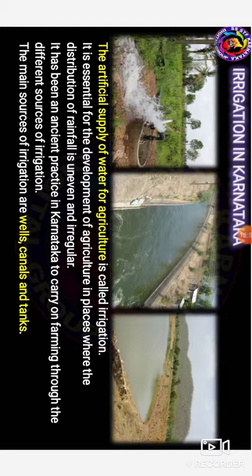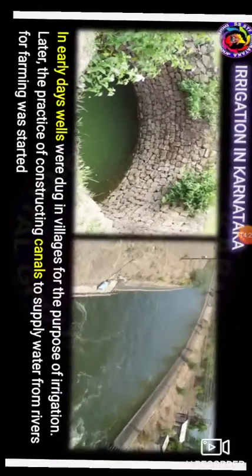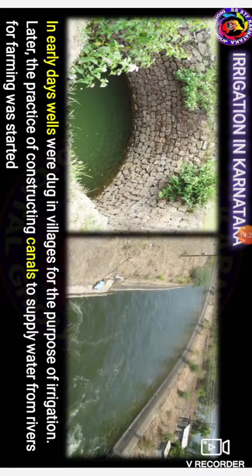It is an ancient practice in Karnataka to carry on farming through different sources of irrigation. The main sources of irrigation are wells, canals, and tanks. People adapted these types for irrigation. In earlier days, wells were dug in villages for the purpose of irrigation.